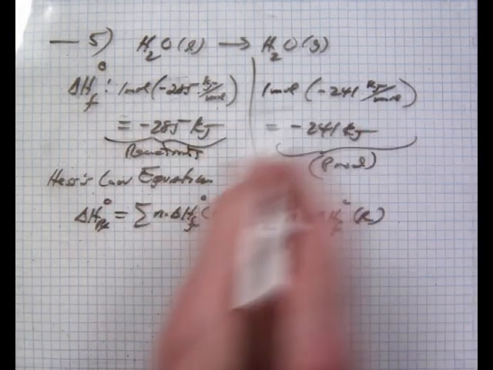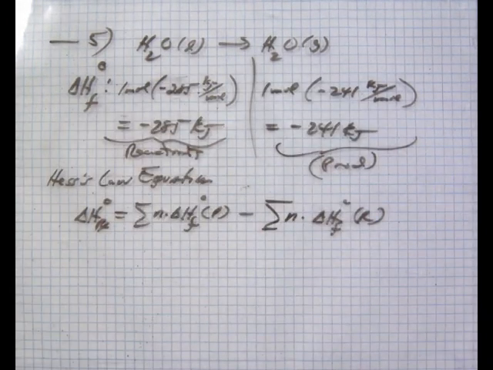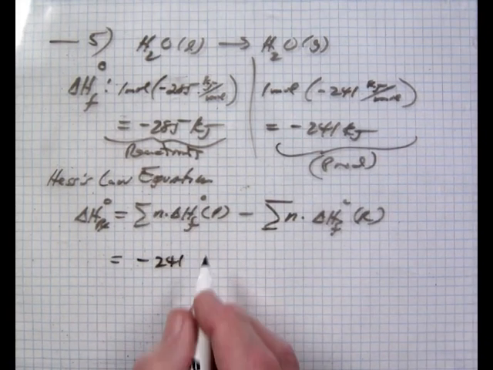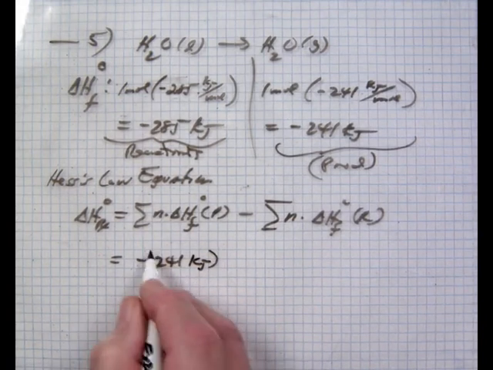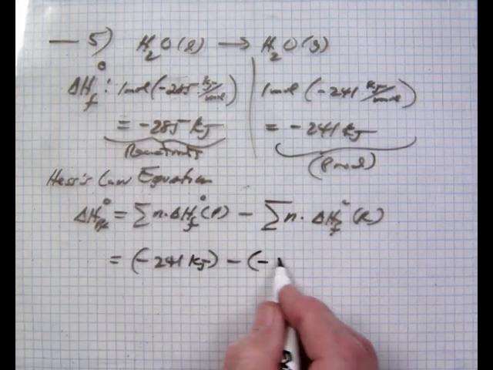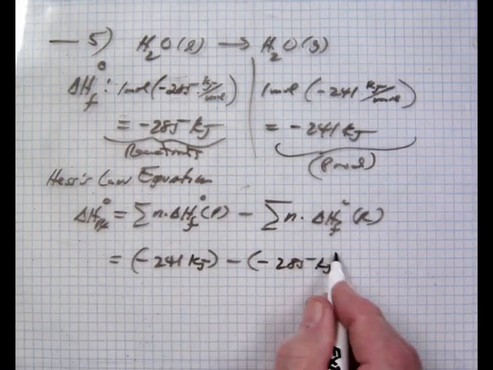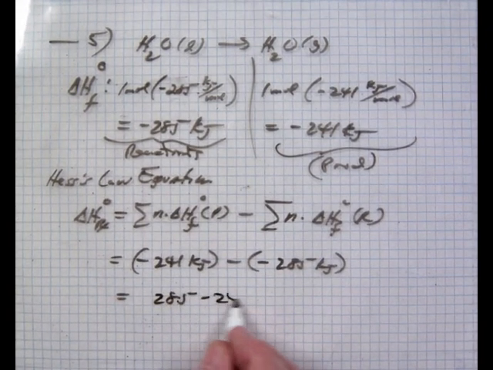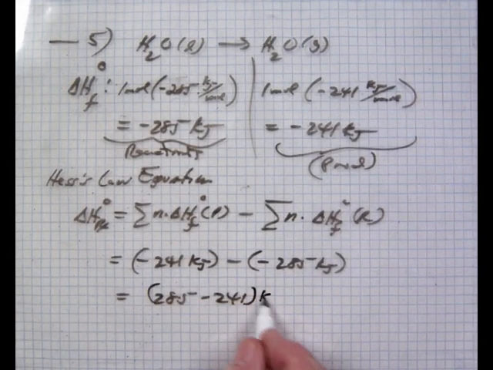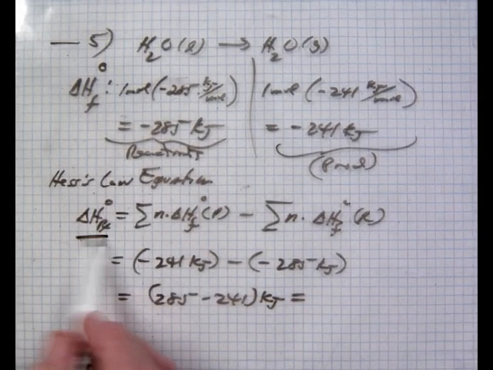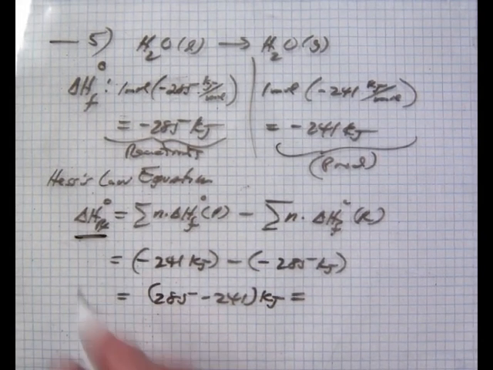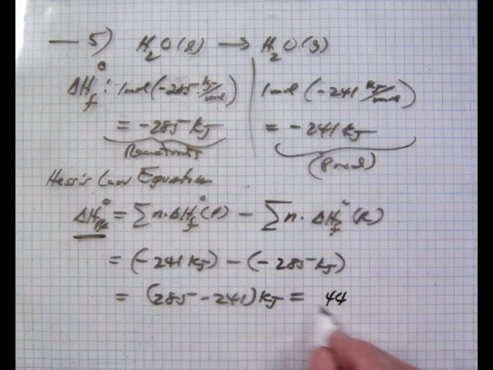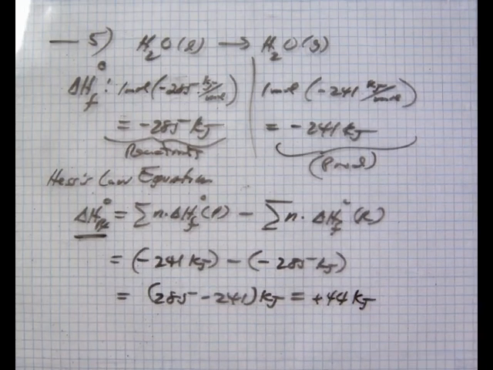So we added them all up. We only have one component each side of the arrow. So the heat of reaction is products minus 241 kilojoules minus a minus 285 kilojoules, and so that becomes 285 minus 241, plus, kilojoules, and the delta H only in the first law is 44 endothermic kilojoules, like that.